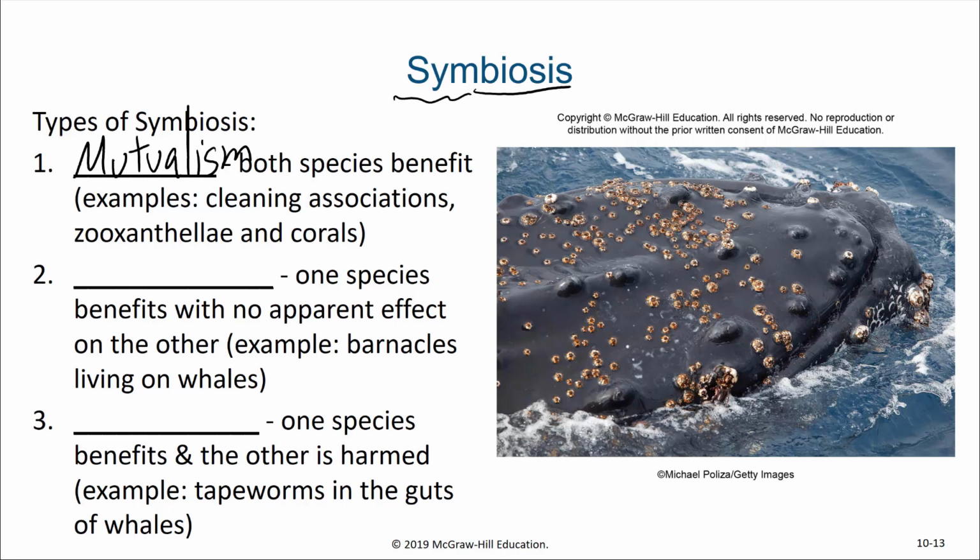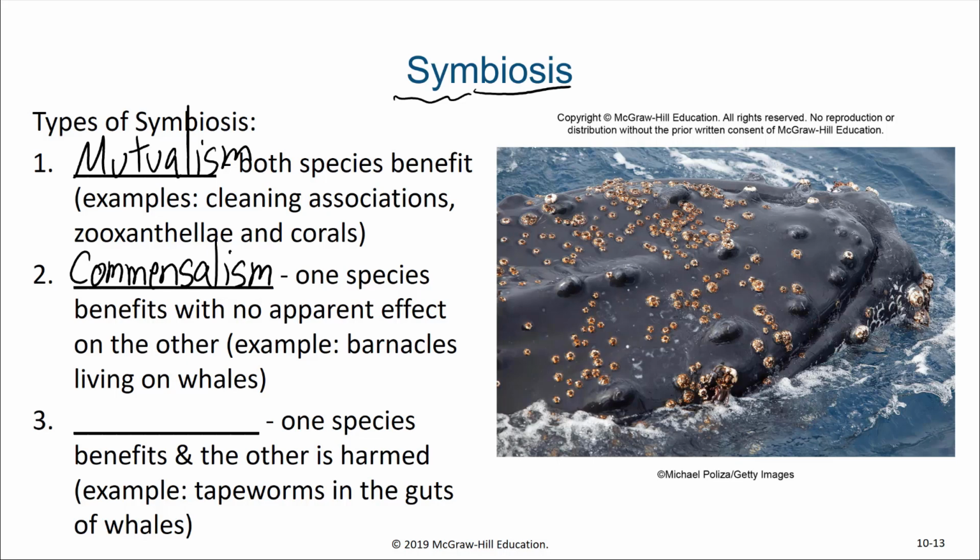Commensalism is another way that organisms can interact. In commensalism, one species seems to be receiving benefit, whereas the other species isn't particularly harmed or negatively impacted, but they aren't specifically receiving benefit.